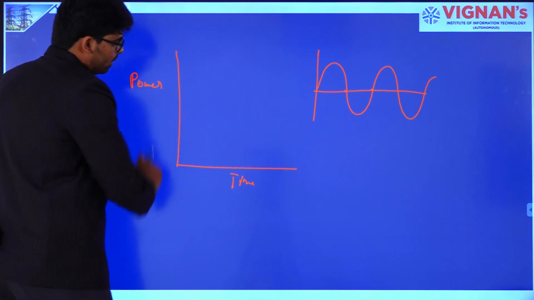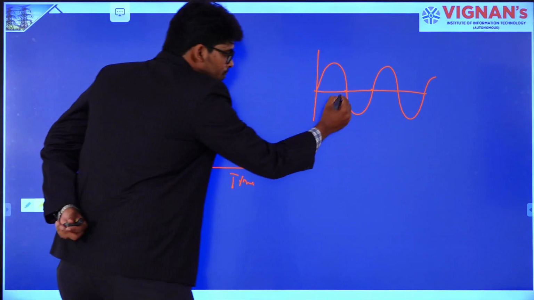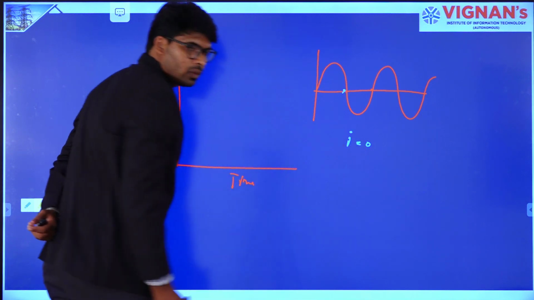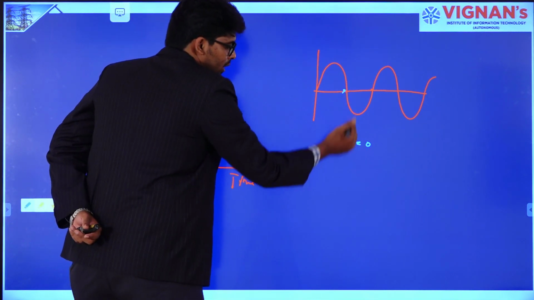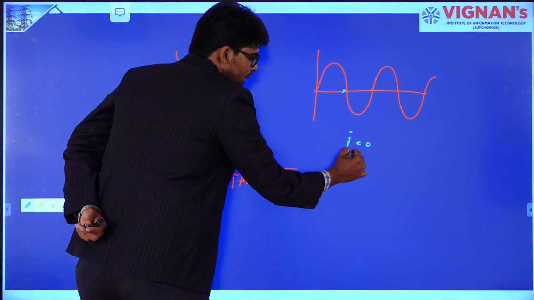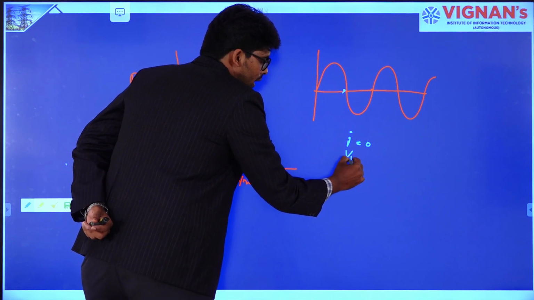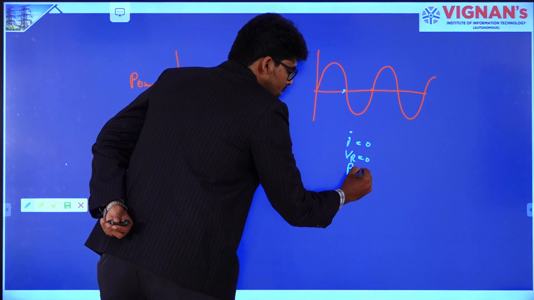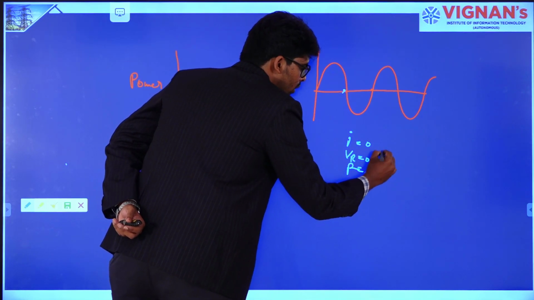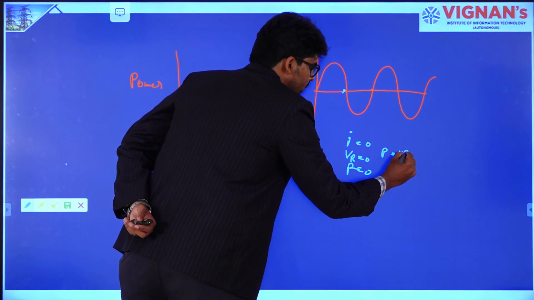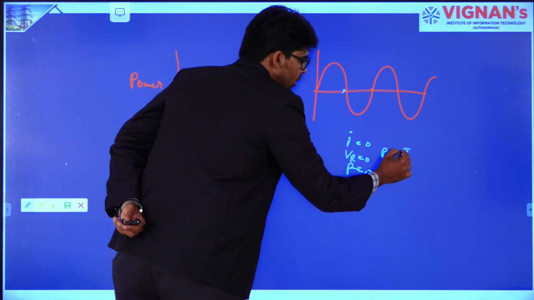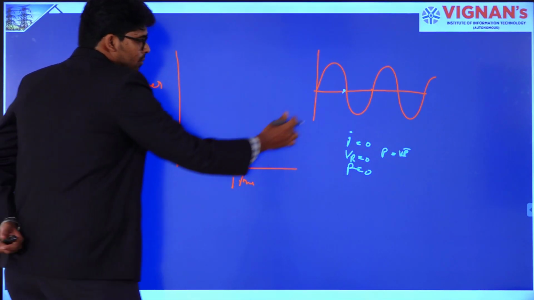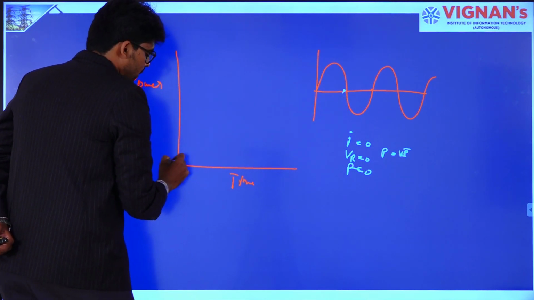At this point, the current i is 0, and at this junction we will have a restriking voltage V_R equal to 0. That means the power is also 0, since p = V_R i. So at this junction point, the power is 0.